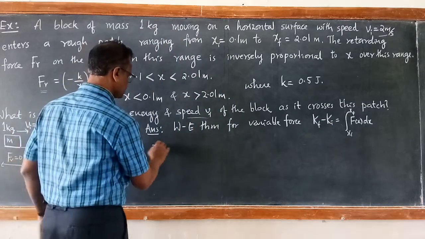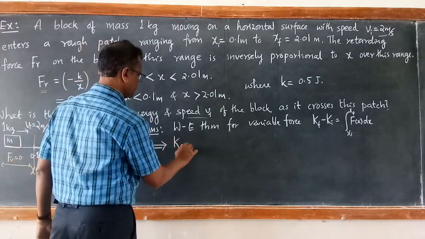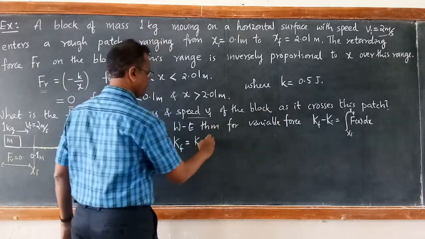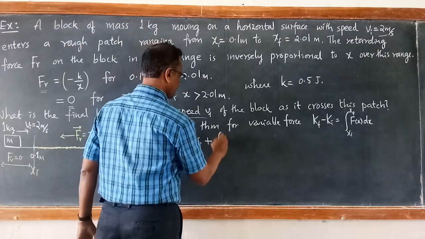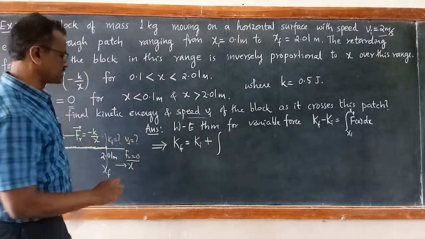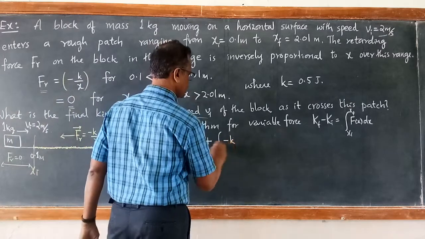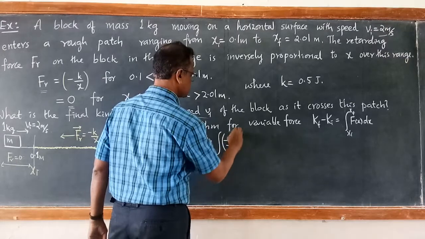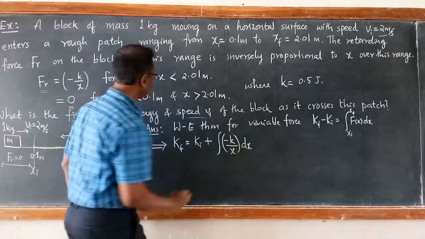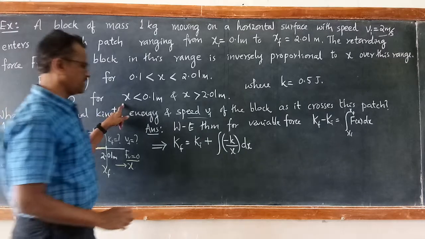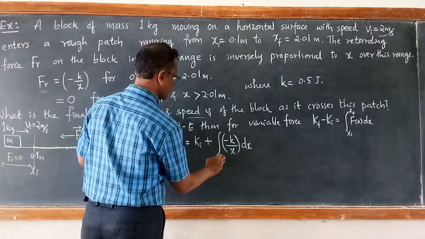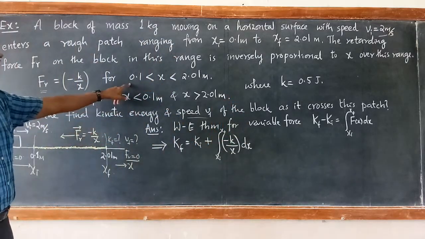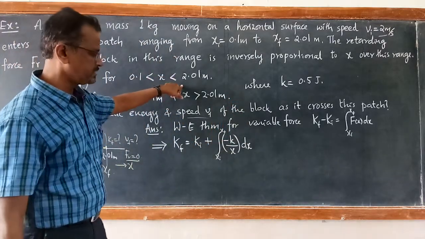So Kf is equal to Ki plus the integral of Fx, just substitute minus small k by x. Small k is a constant. It is given. Small k by x dx between the limits xi to xf. Xi is given 0.1, xf is given 2.01.